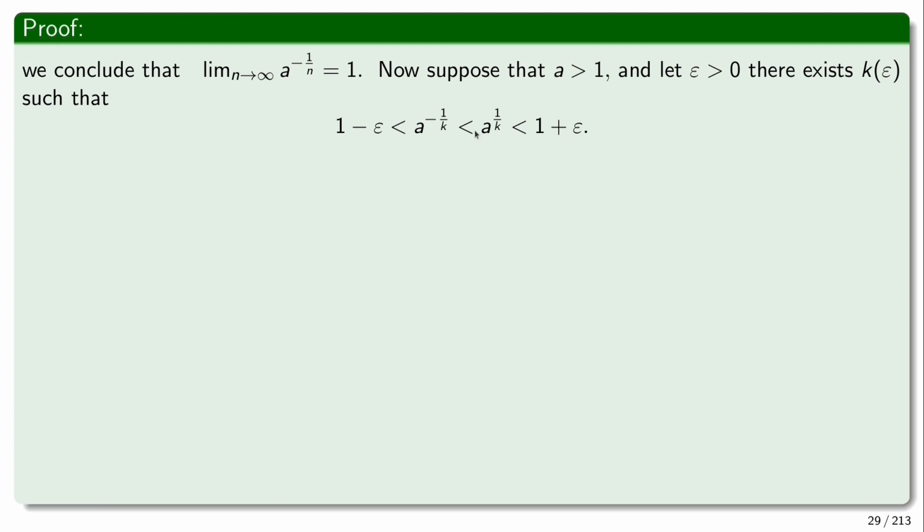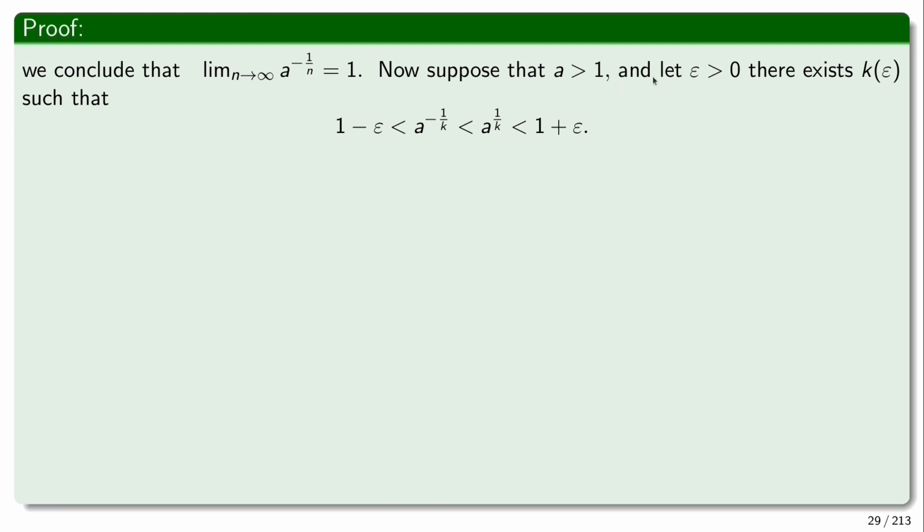This sequence a to the power of 1 over k converges to 1, so it's going to be between 1 minus epsilon and 1 plus epsilon. We can choose k big enough such that a to the power of 1 over k is smaller than 1 plus epsilon, and a to the power of minus 1 over k is greater than 1 minus epsilon.